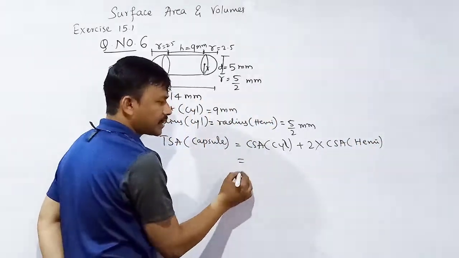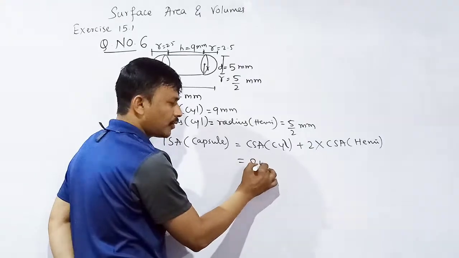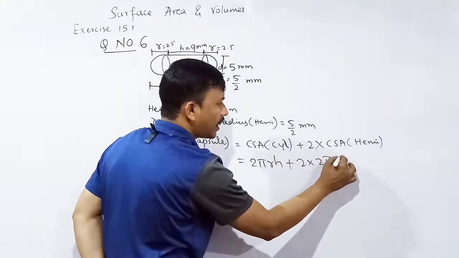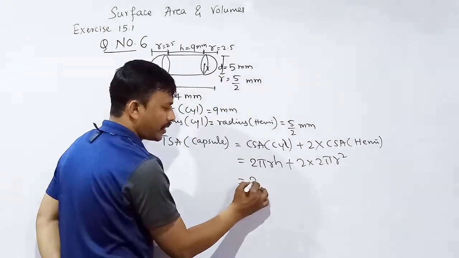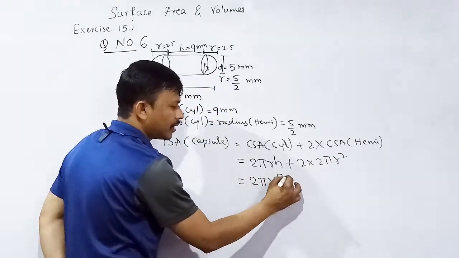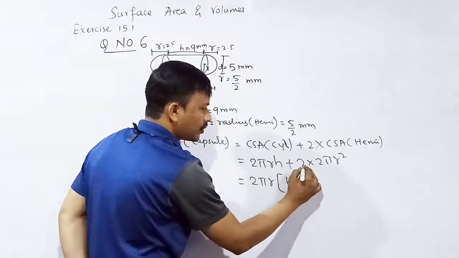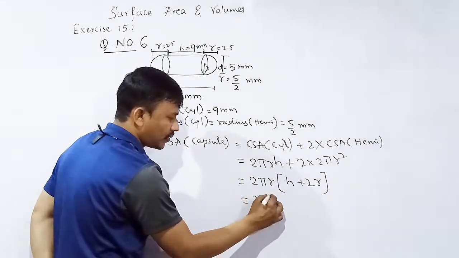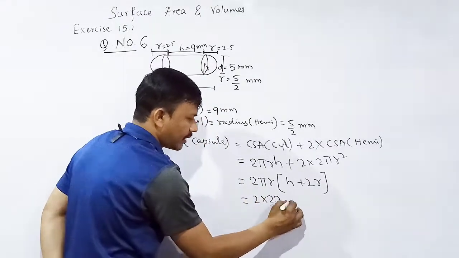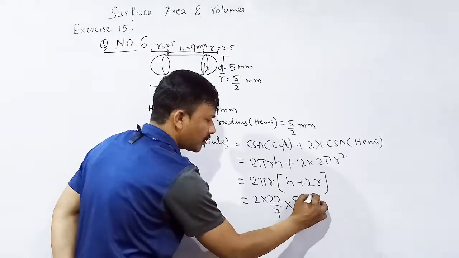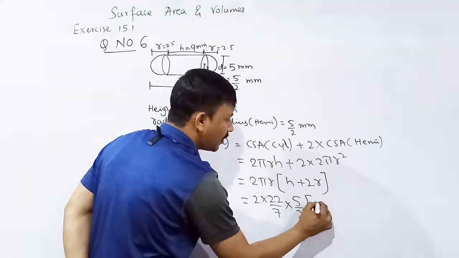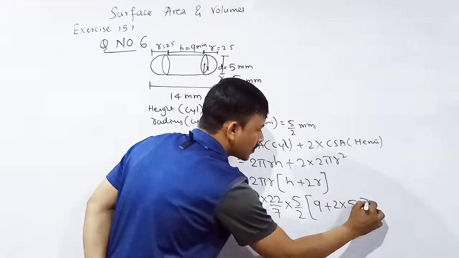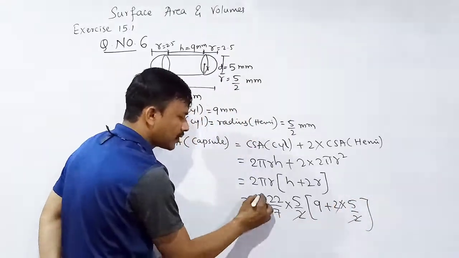This is equal to, what is the cylinder CSA value? 2 pi RH plus 2 into 2 pi r square. What is common here? 2 pi r in bracket H plus 2 into r, 2r. This is equal to 2 into 22 divided by 7 into 5 divided by 2 in bracket. What is the height value? 9 plus 2 into 5 divided by 2. 2 cancel, 2 cancel.